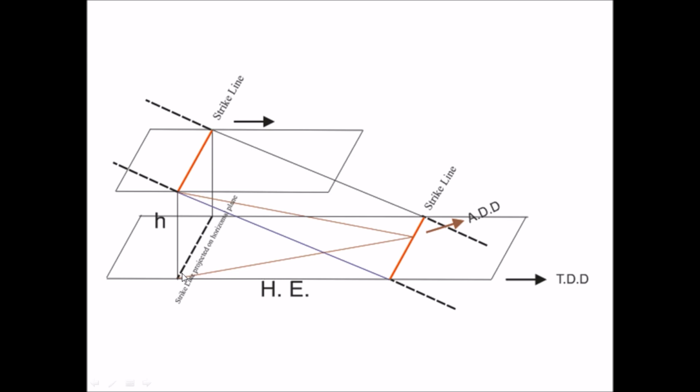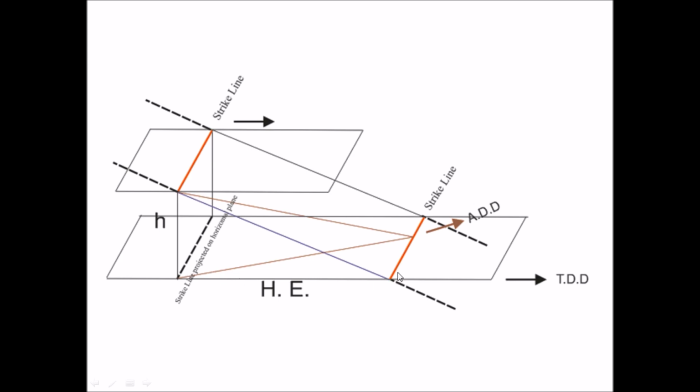And you can see here that in the true dip direction, this is the horizontal equivalent, this is the height difference between the two strike lines, and the angle between H and HE, that is the horizontal equivalent, is always 90 degrees, or these two lines are always perpendicular to each other.